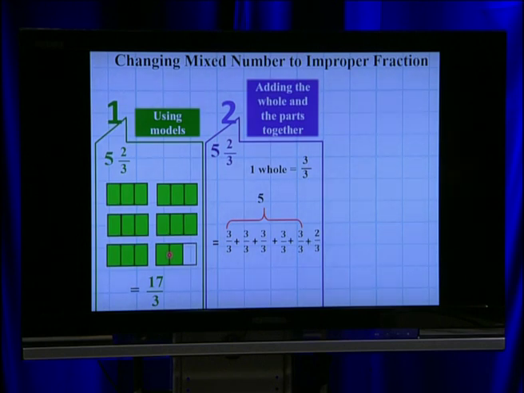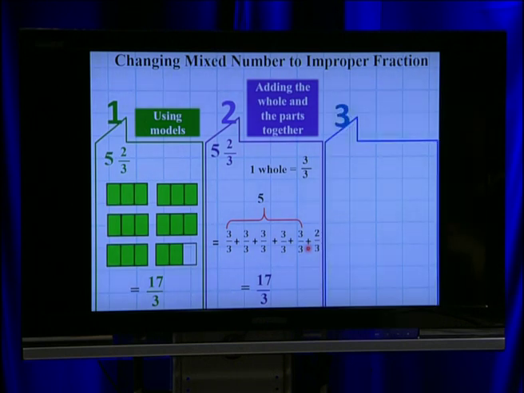Again, let's add all the thirds together. 3/3 plus 3/3, 6/3, plus 3/3, 9/3, plus 3/3, 12/3, plus 3/3, 15/3, plus 2/3 gives us 17/3, and that is our improper fraction, 17/3.